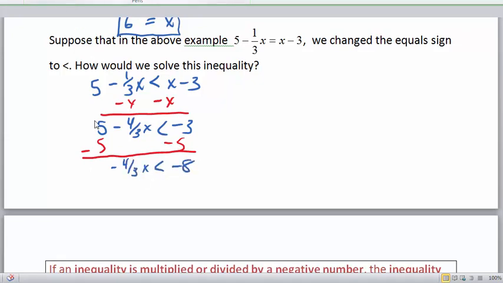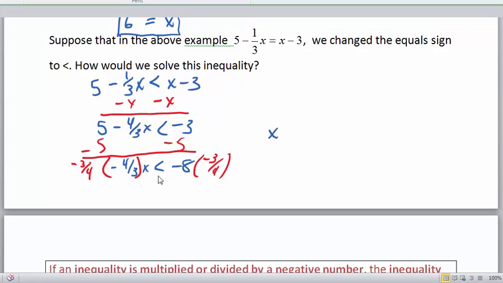And similarly, I would get rid of that negative 4/3 by multiplying by the reciprocal of negative 4/3, which would be negative 3/4. So I multiply by negative 3/4 on both sides. And now this was the one exception, right? The one difference between solving equations and inequalities. When I solve an inequality and I multiply or divide by a negative, what must I do?